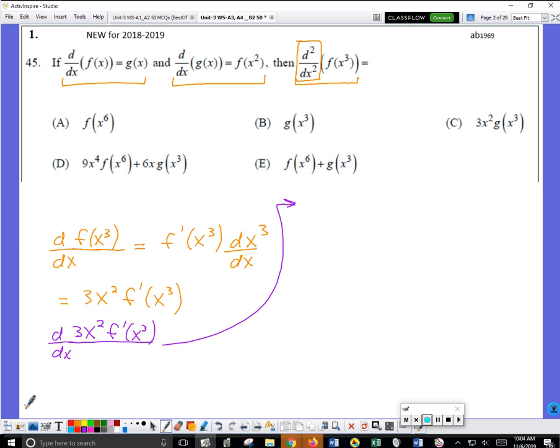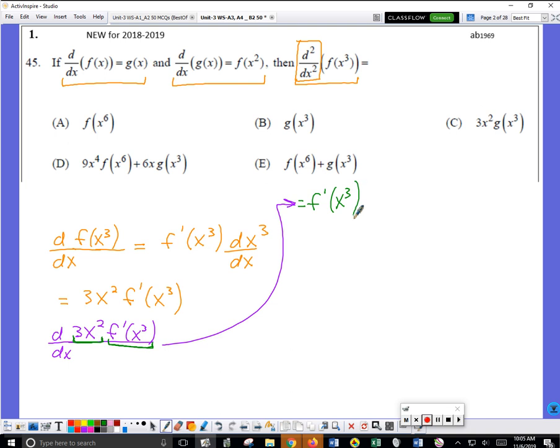So let's go, Sarah. Is it the product rule? So I have one function multiplied by another. So I take the second, which is f prime. I forget my equal sign. f prime of x cubed.